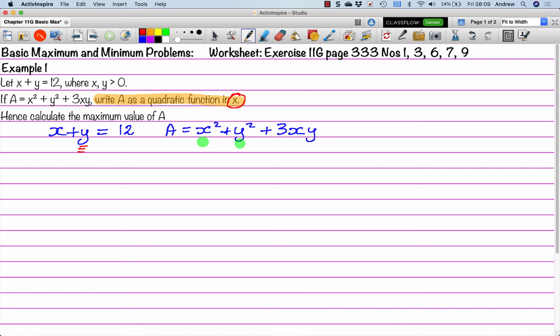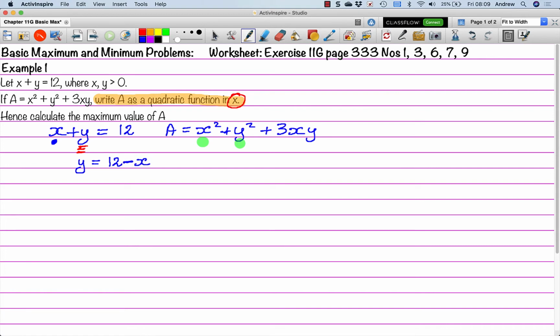And this is when you look to the other equation. So if we don't want y, in the other equation, the one that I've just highlighted, the y in red, we want to isolate y, put it on its own. So the y is going to stay where it is, 12 is going to stay where it is, and the x is going to move over the equal sign to become minus x.